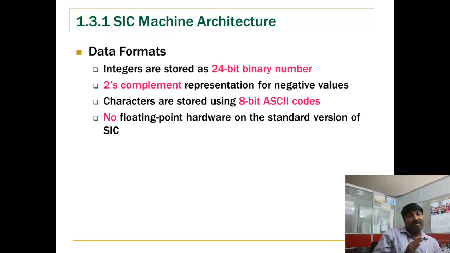That means 5 we are taking, then we are adding it with minus 7. How will we represent minus 7 in binary? That's the only way, 2's complement representation. So all negative values will be represented with 2's complement.